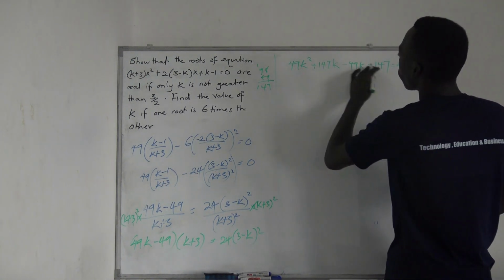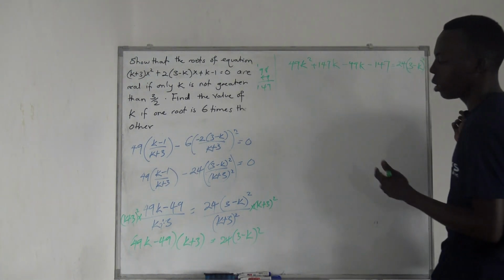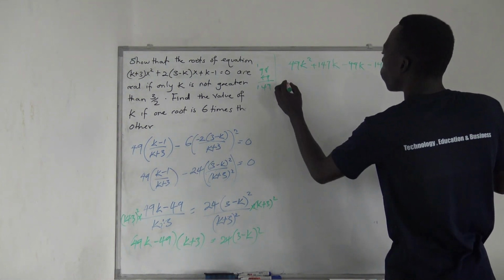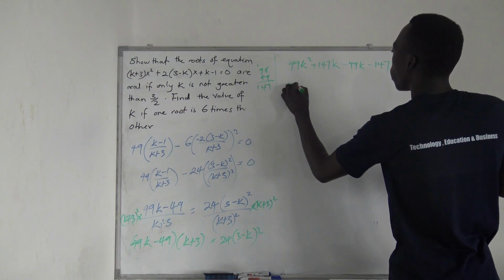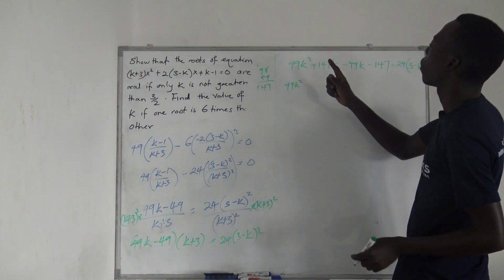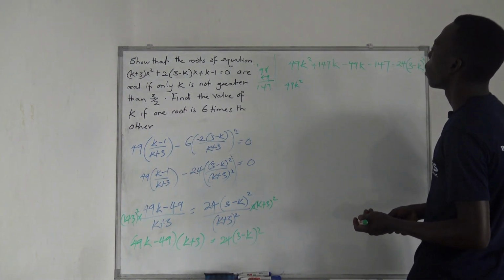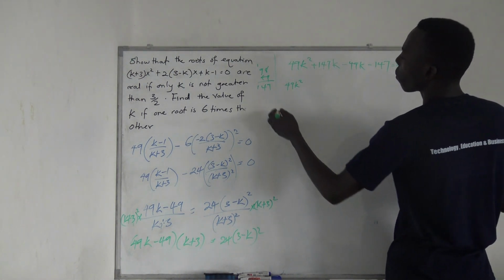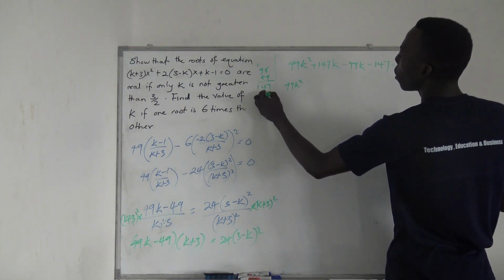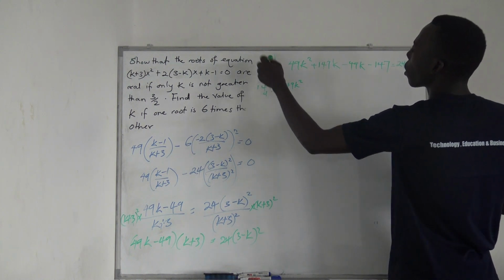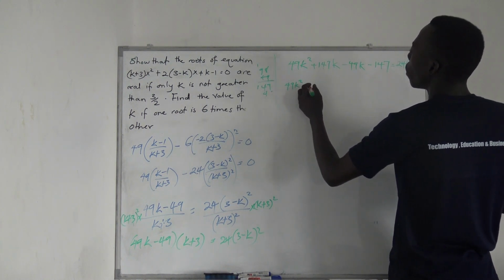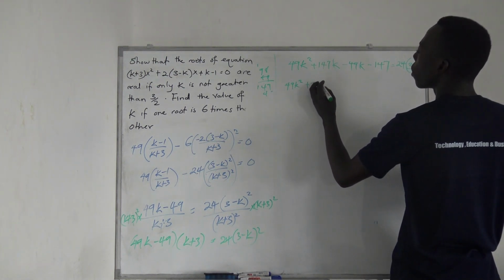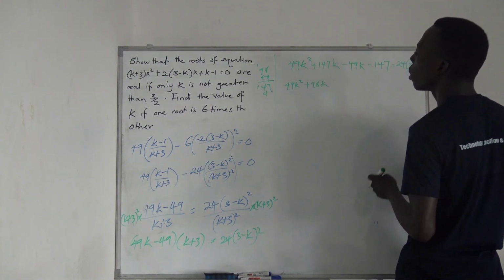So for this case, I try to decompose it by reducing it. This one becomes now 49k squared. This one and this one will give me 147 minus 49, so this becomes 98, so now it becomes plus 98k.